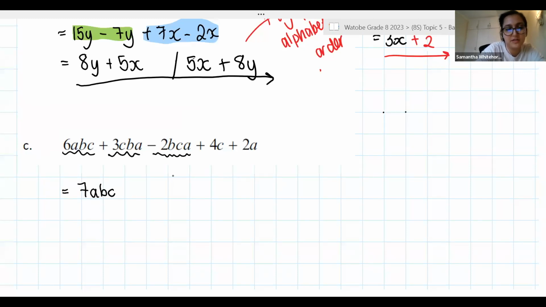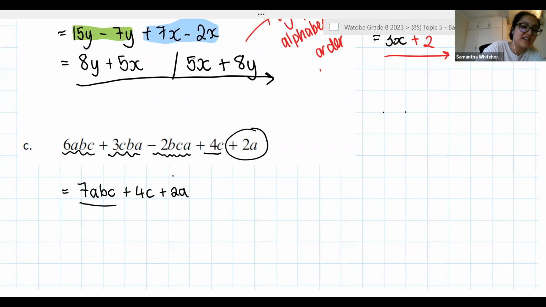Good. And then I said plus 4C plus 2A. And why don't we add the 4C and the 2A? Because the variables are different, ma'am.